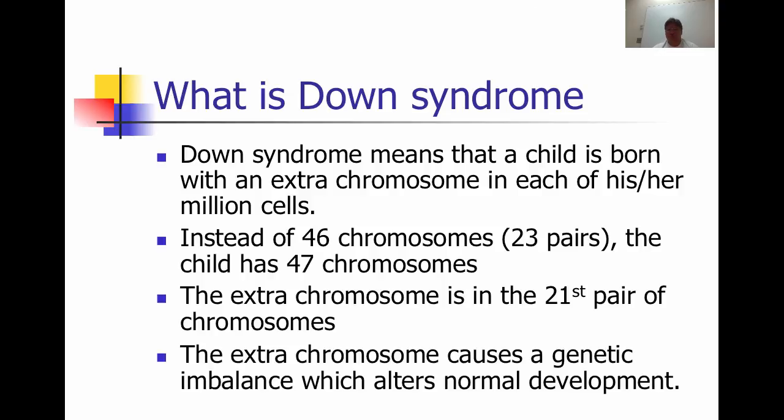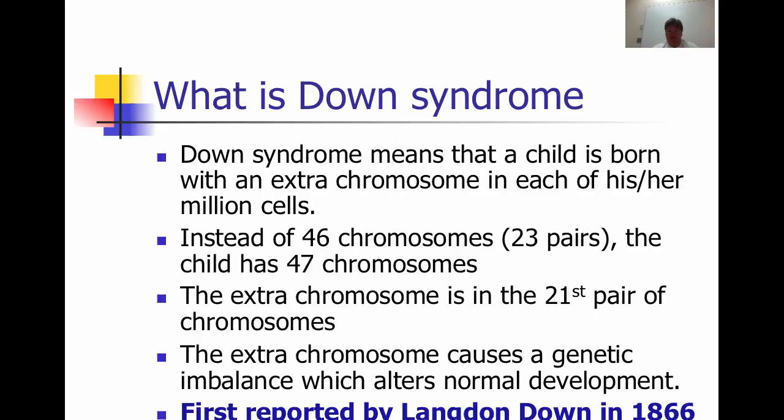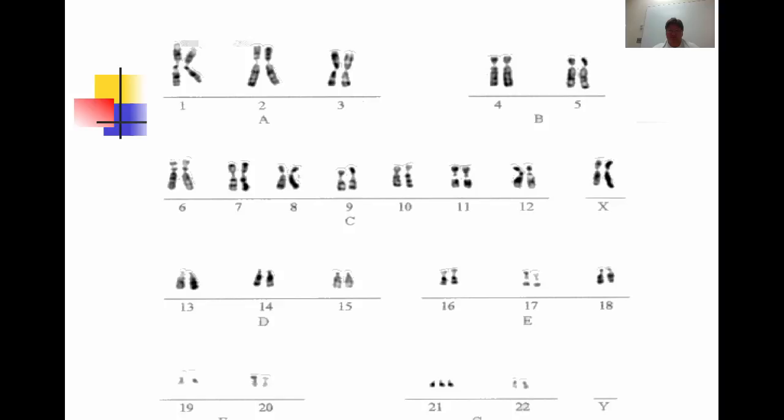This extra chromosome causes genetic imbalance which alters normal development. This was first reported by Langdon Down, as in Down syndrome, in 1866. So here you can see the 23 pairs of chromosomes, and you see in the 21st one there's just an extra one in there, so there's 3 in that pair.